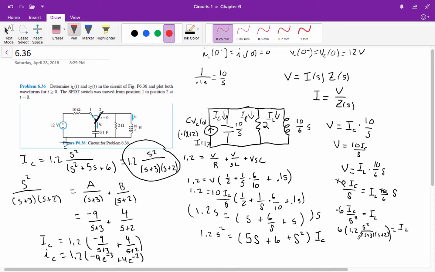So our s squareds cancel, and 6 times 1.2 is 7.2.